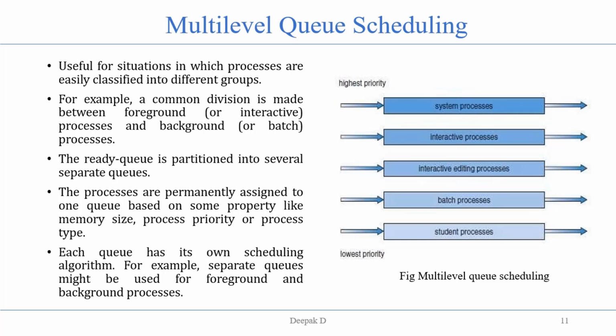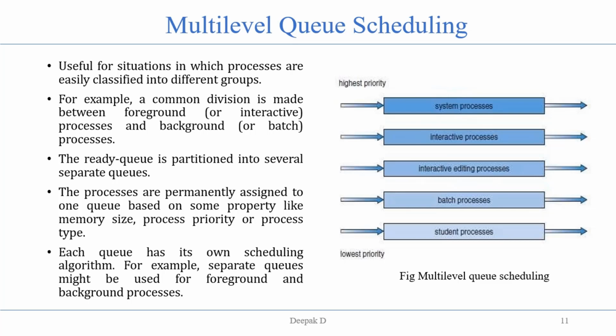One might be the foreground, which is interactive in nature, and can be called the foreground process, and the other division is the background process, which you can consider as the batch process. These two types of processes will have different response time requirements, so you need to have a scheduling based upon these response times.